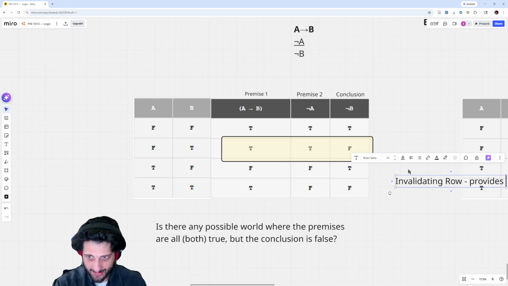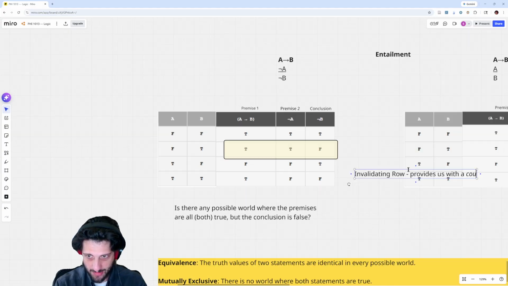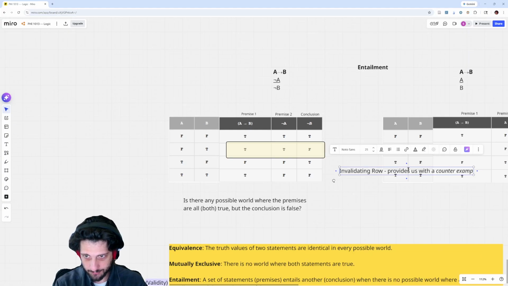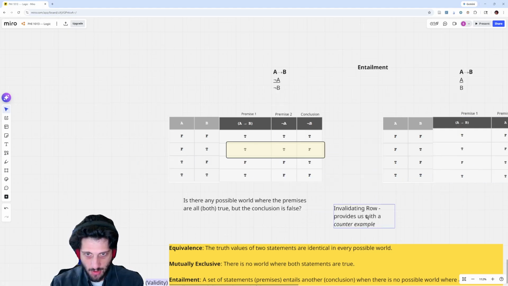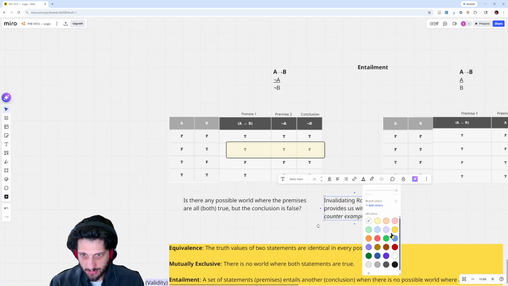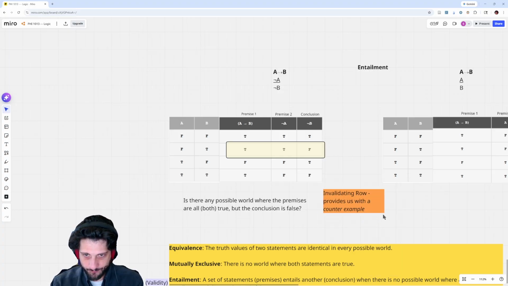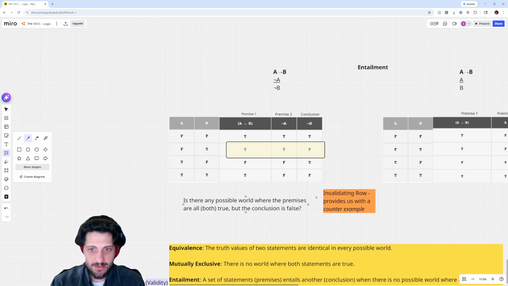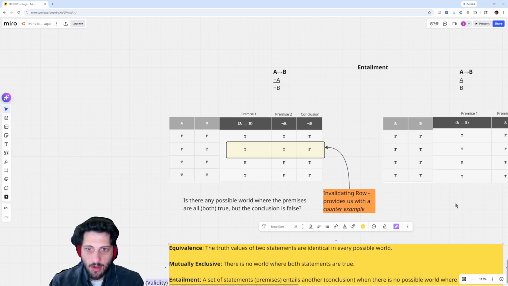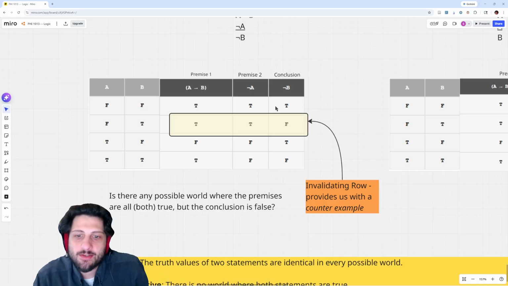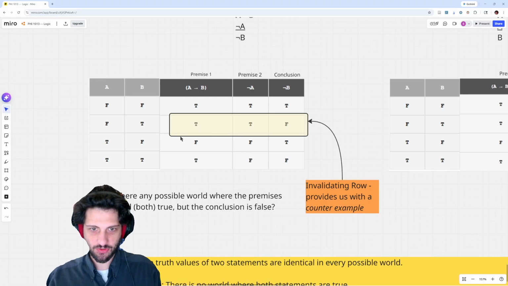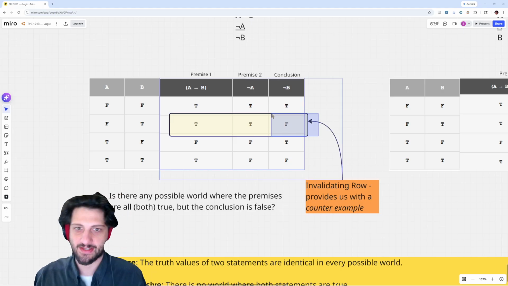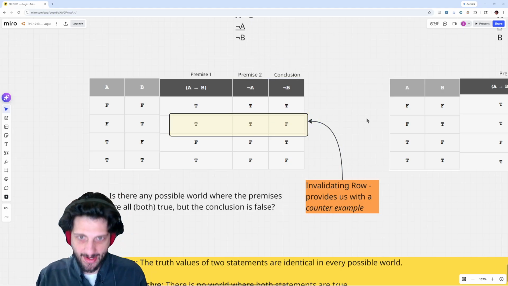It provides us with a counterexample. The idea is that we know there is a possible way that the world could go where the premises both turn out to be true, but the conclusion doesn't occur. This is what we mean by a counterexample.